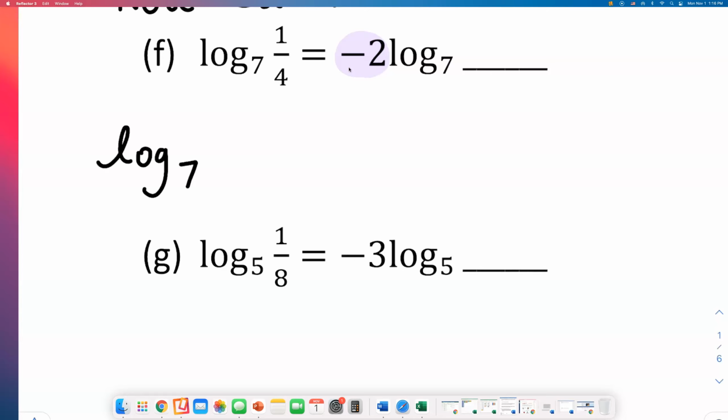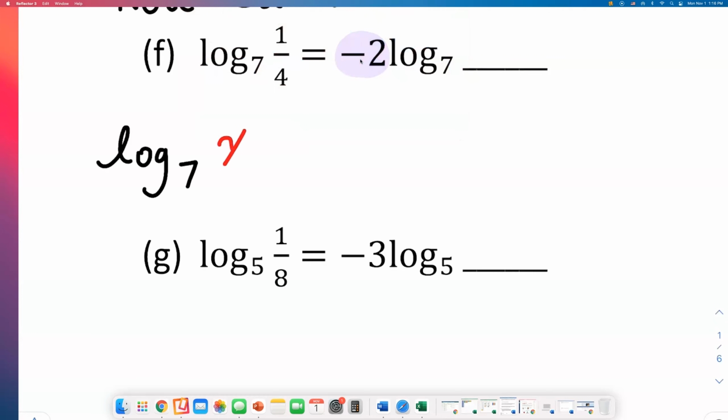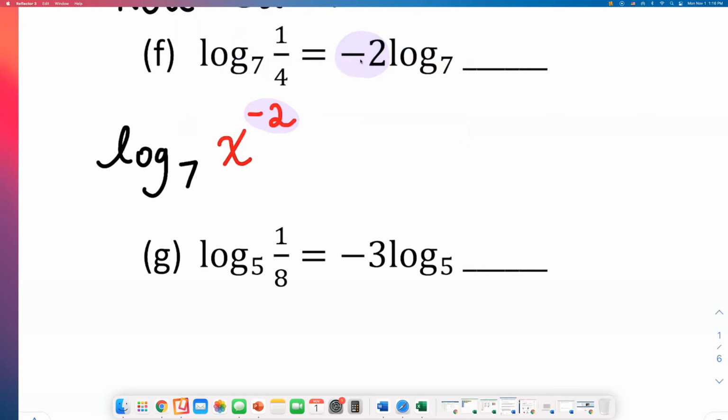Well, that means they were able to bring down negative 2, which was an exponent. So what I'm thinking is this. We are rewriting the arguments so that it becomes x raised to the negative 2nd power, okay? And what happened was they brought this negative 2 down in front of it, right? All right, hold on, let me go ahead and draw some lines.